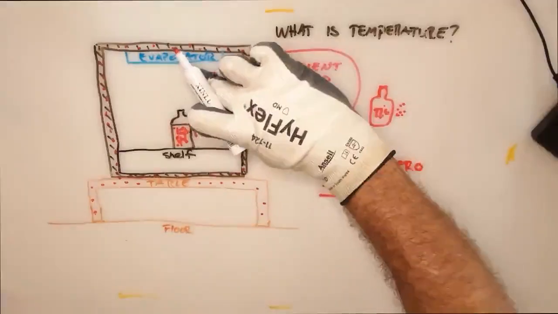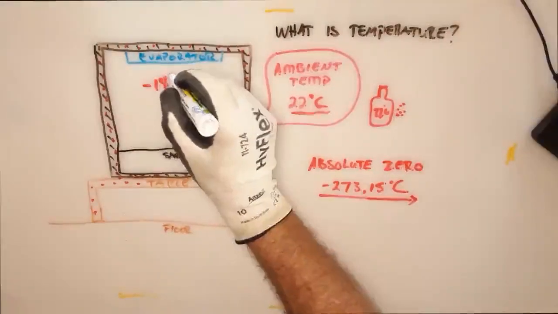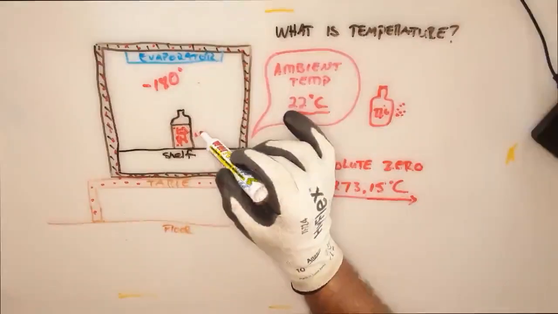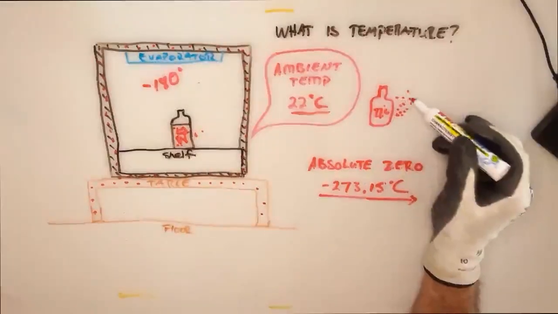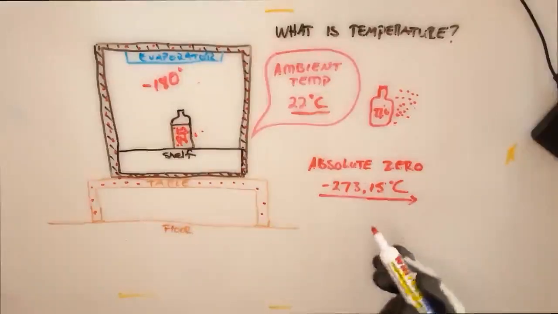If we drop this temperature to something extremely cold, minus 180 degrees Celsius, these atoms will still be vibrating and moving, but again not as insane as the ones at 22 degrees Celsius.